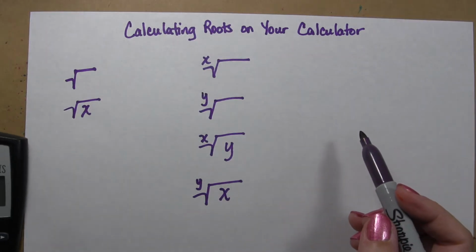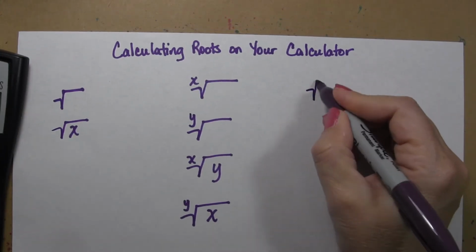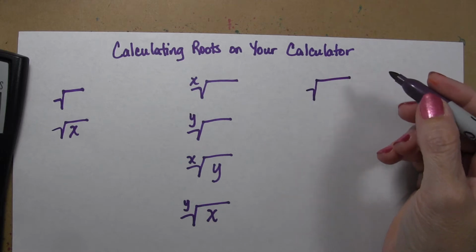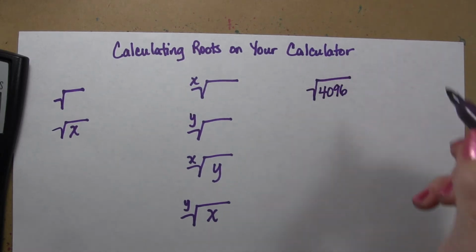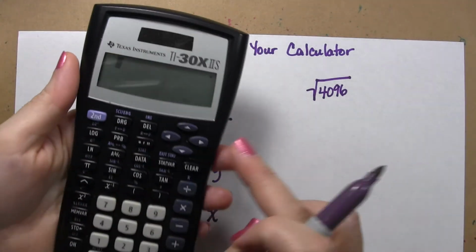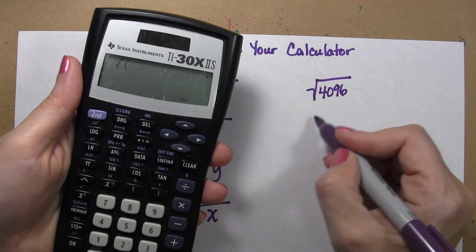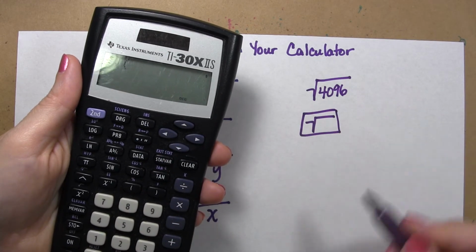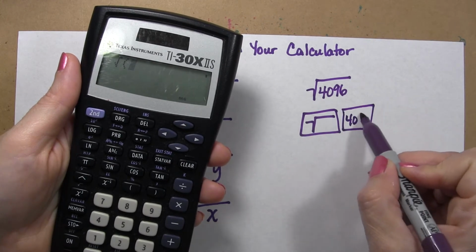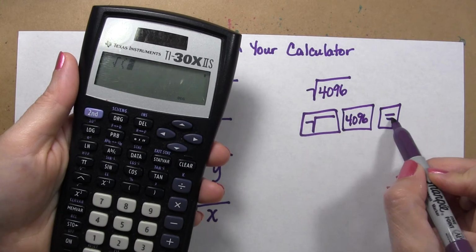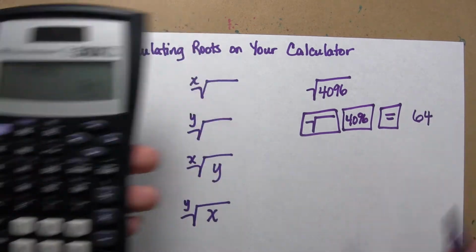Okay, so let's talk about how to use these different buttons. If I were asking you to calculate the square root of a strange number like 4096, you would go to your calculator, hit that second function so that you'd get to your square root sign, type in 4096 and then hit equals, and you would get 64 as your answer.